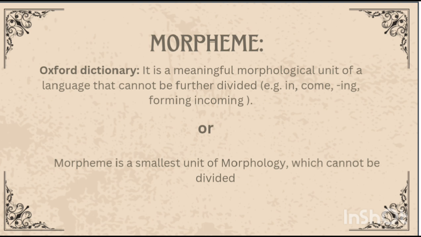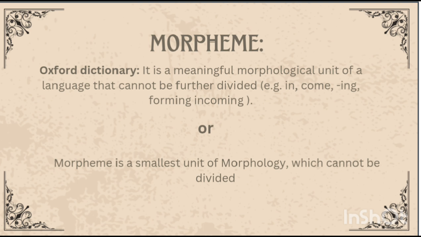So here we have the morpheme. This definition is based on the Oxford Dictionary. According to the Oxford Dictionary, it is a meaningful morphological unit of a language that cannot be further divided.